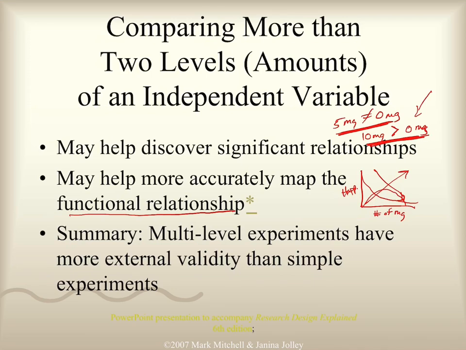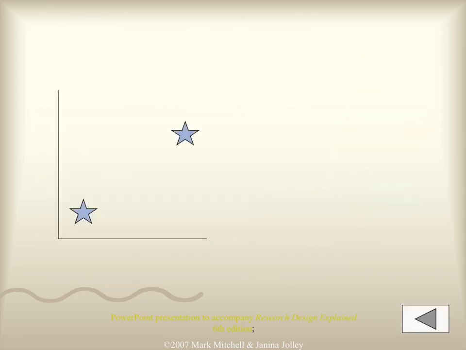So I want us to take a little closer look at this idea of functional relationship for a moment. So it's easy. Let's imagine again that this is the drug. So let's say we have 0 milligrams of a drug and 10 milligrams of a drug.